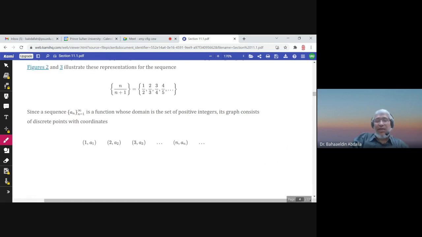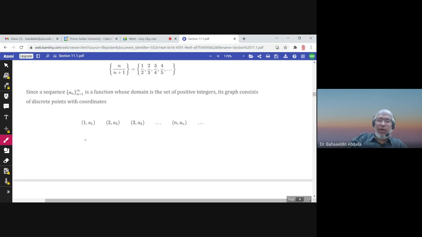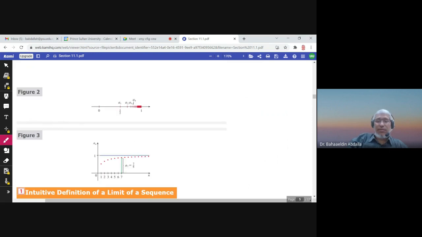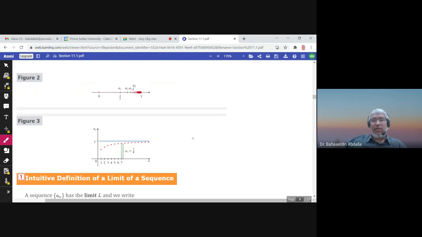So we can say that the limit of this sequence when n goes to infinity is 1. So we write it like this: limit of an when n goes to infinity is 1.